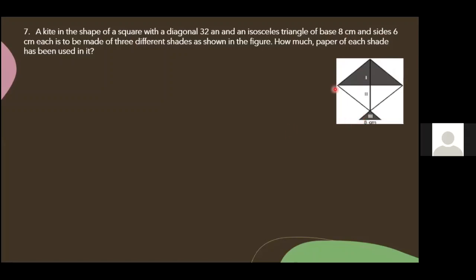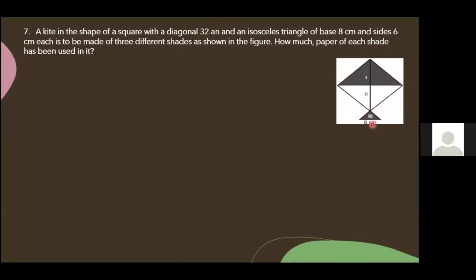The upper part is completely made up of a square shape. Children, for the diagonal they gave one measurement, 32 centimeter. The third part is an isosceles triangle, equal sides are 6 and base is 8 centimeter.